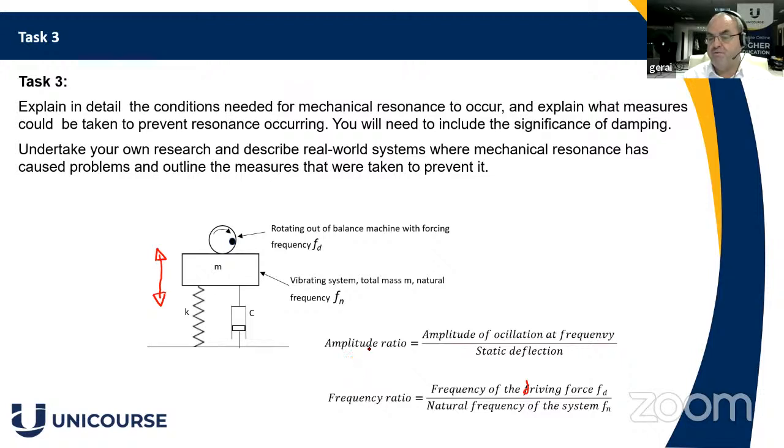Just remember those two: amplitude ratio, so it's how much this is going to move up and down compared to its static deflection when we just put it on the spring. And the other one is the frequency ratio, which is the frequency of the driving force, that's FD, divided by the natural frequency of the system.